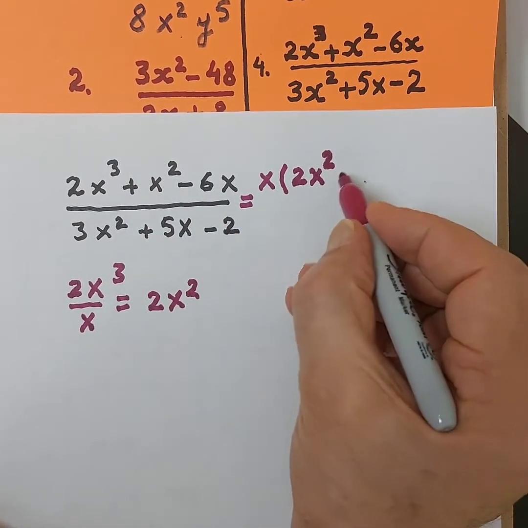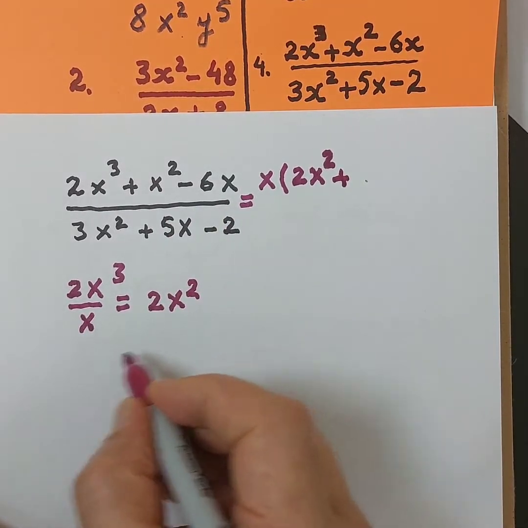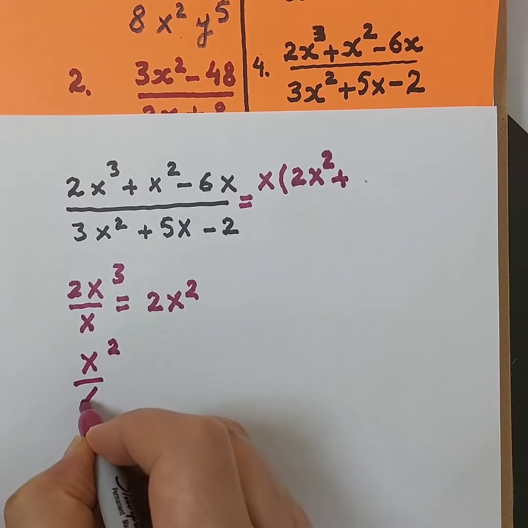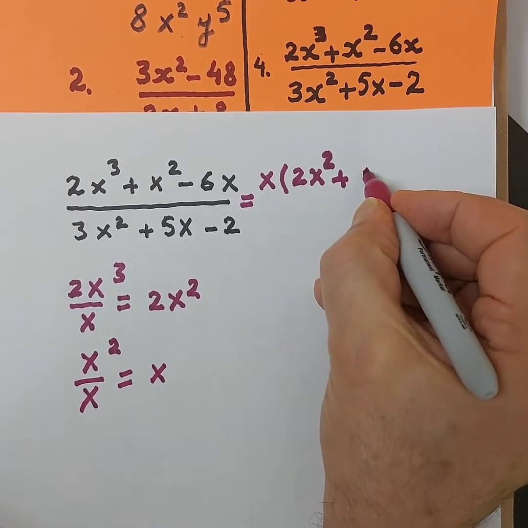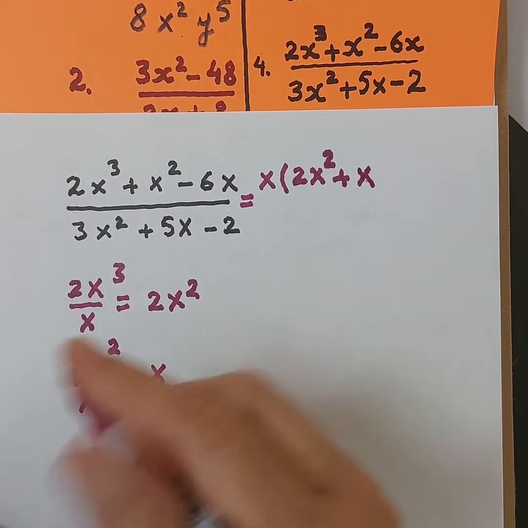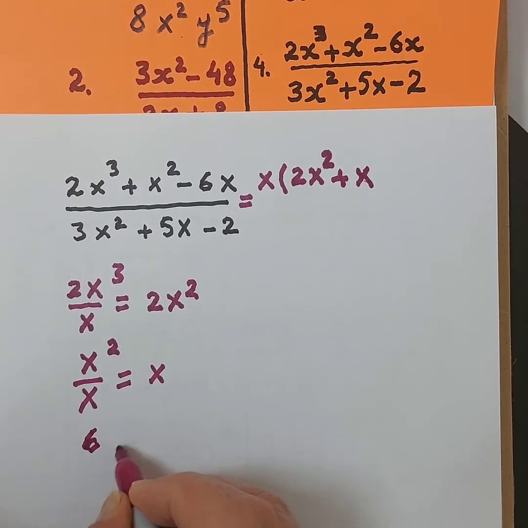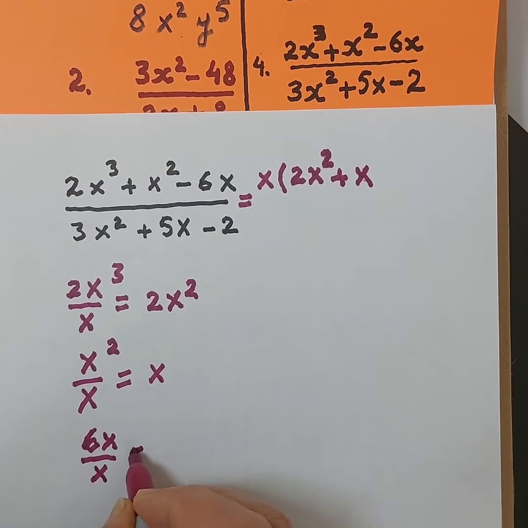And same here. The result will be, as you make division, x squared over x, so the result will be x. That's why we write here x. You see? And the last one, 6x, also divided on x, we just got 6.